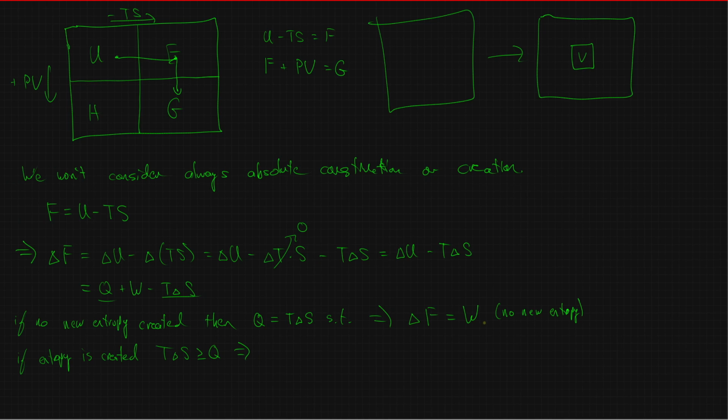So now we can write the inequality as that change in F is going to have to be less than or equal to W, right? Just by the first law. So this is for constant temperature, remember. And this is a result to remember.